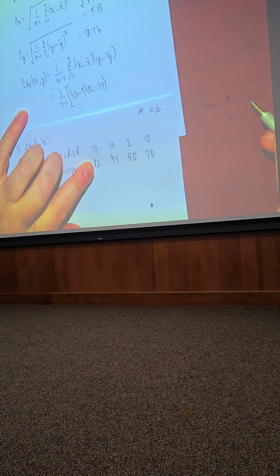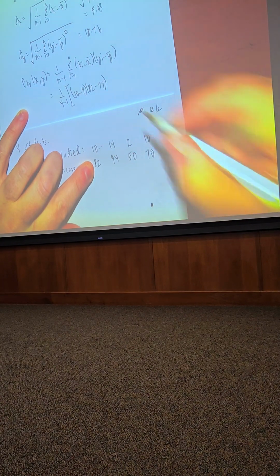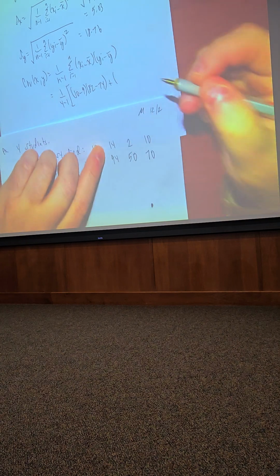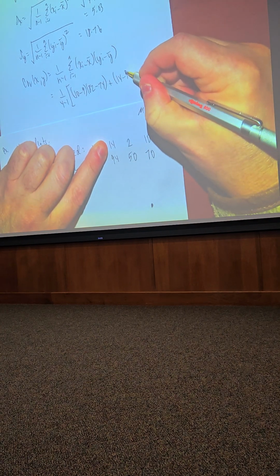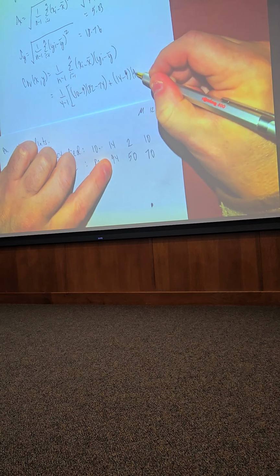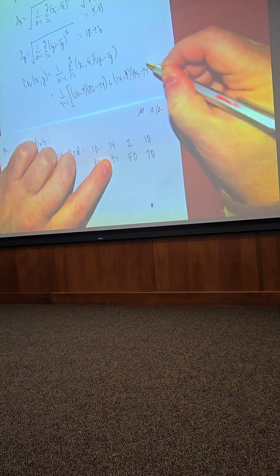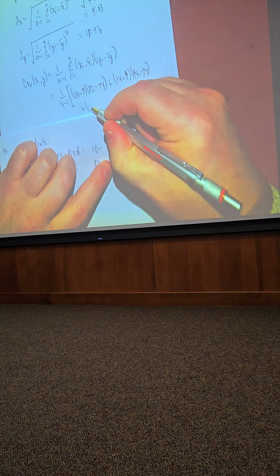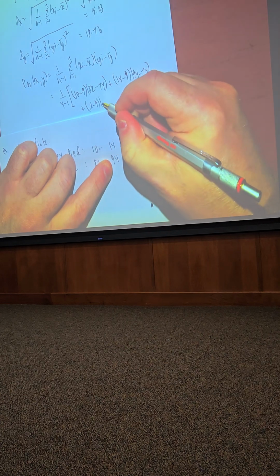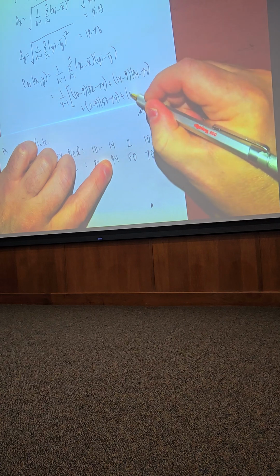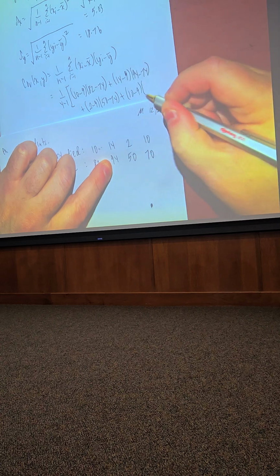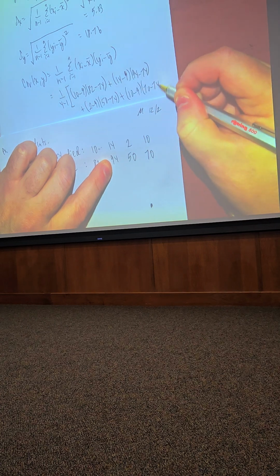Does that make sense? Plus, and you keep going. Then you take x2, which is 14, minus x bar, which is 9, times 94 minus 74, plus 2 minus 9 times 50 minus 74, and finally 10 minus 9 times 70 minus 74.